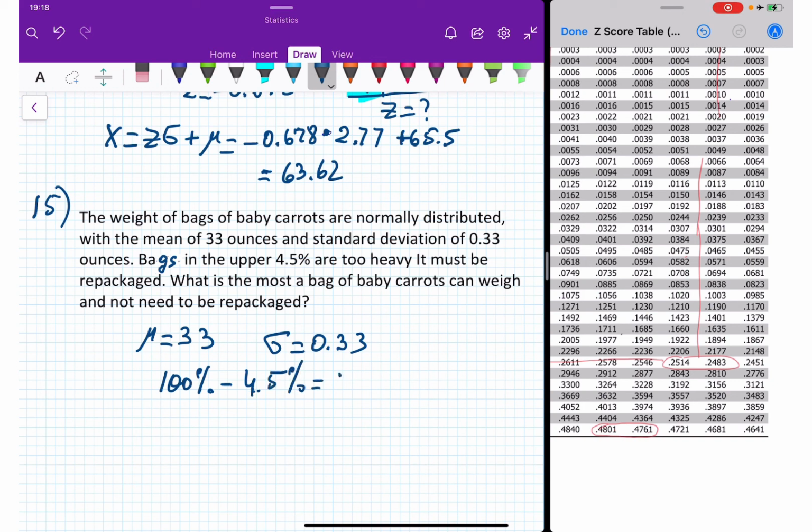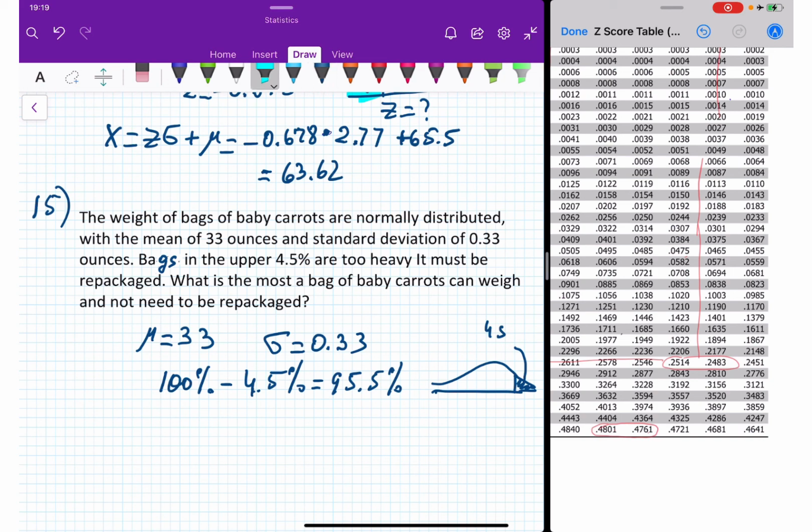That means 95.5% doesn't have to be repackaged. Yes? So this is how it's going to look like on the graph. So 4.5%, this is the one that needs to be repackaged.